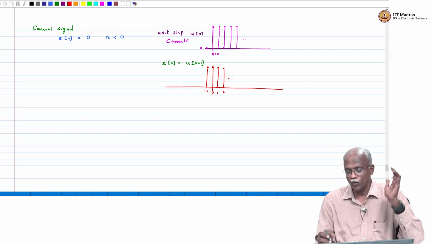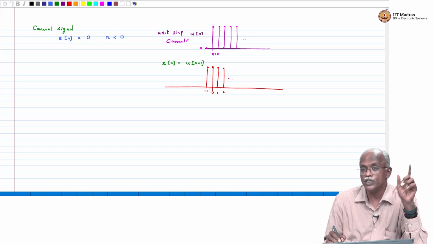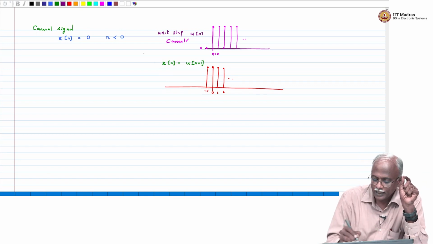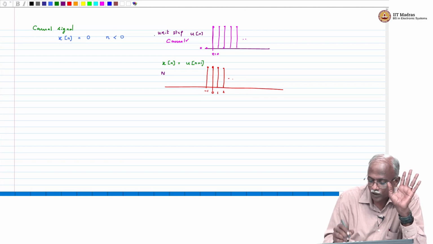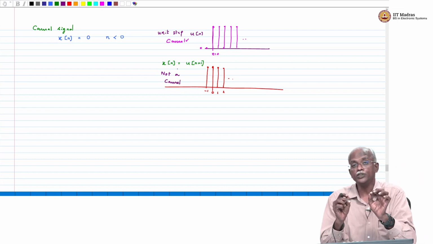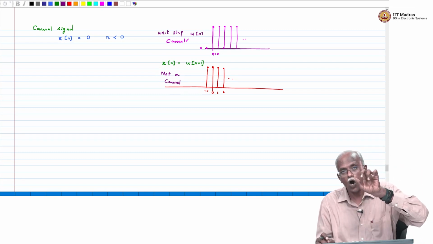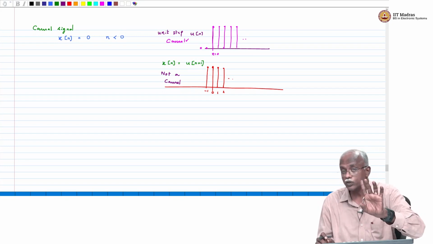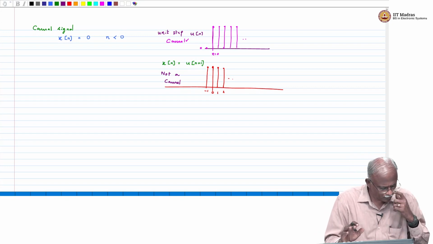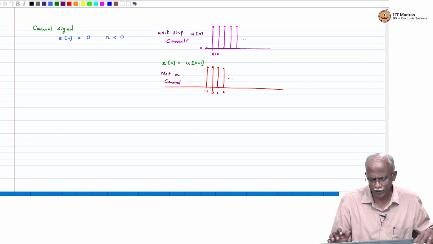The answer is no. Why? Because there is a negative index for which you have a non-zero value. So, x of n is not a causal signal. You can qualify by doing a simple test. You can say, is it causal or not? Don't use the word non-causal because non-causal has a different definition. And so, this is the important definition.